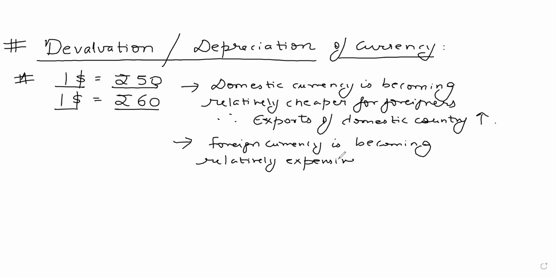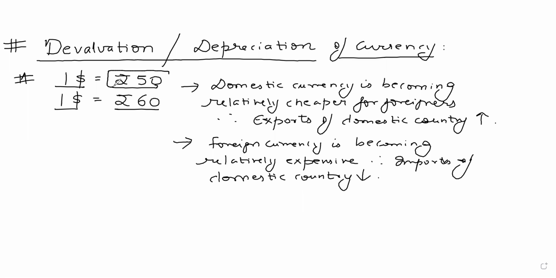Therefore, imports of the domestic country fall. Why? Because if you look at it, guys, initially we were spending 50 rupees getting $1 worth of goods. Now we are spending 60 rupees to buy the same $1 worth of goods.